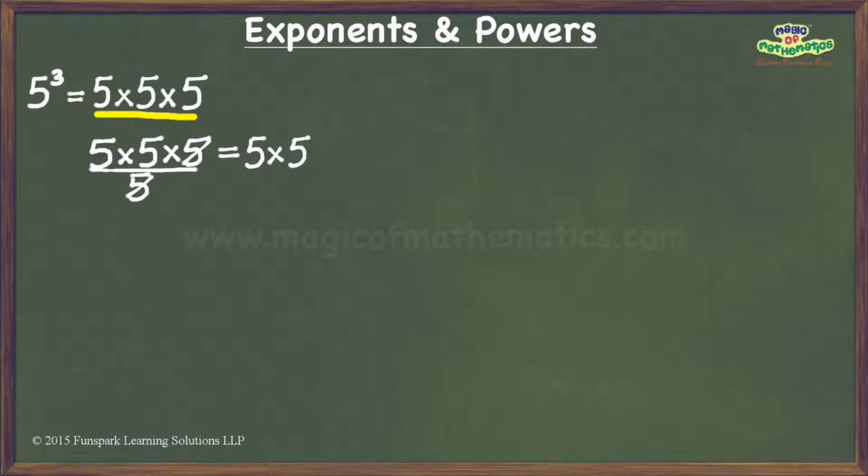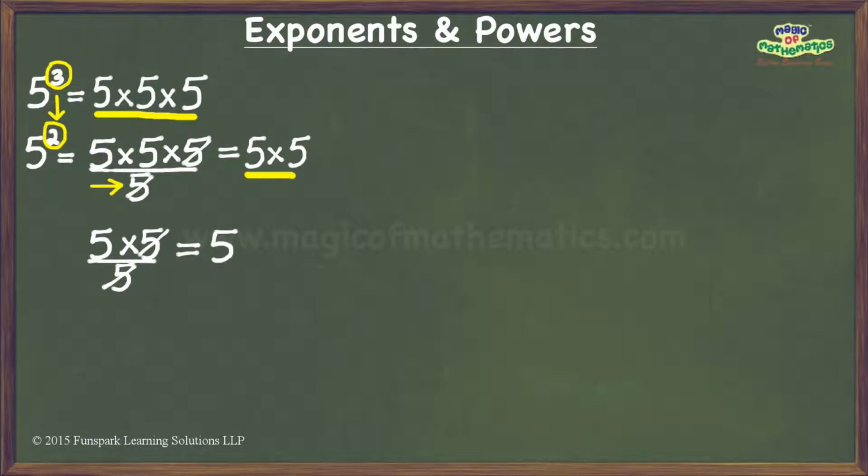From our knowledge of how positive integer exponents work, we know that this can be written as 5 raised to the power 2. As can be seen, dividing by 5 has resulted in the exponent decreasing by 1. Let us see what happens when I divide once more by 5. 5 times 5 divided by 5 will give us 5, and we know that this can be written as 5 raised to the power 1. Again, division by 5 has resulted in the exponent decreasing by 1.